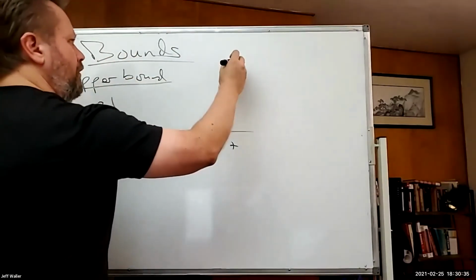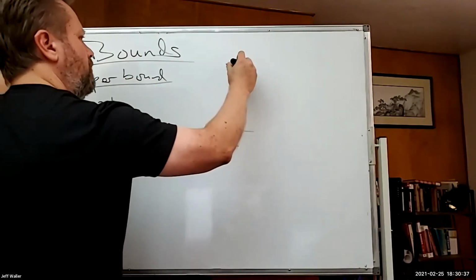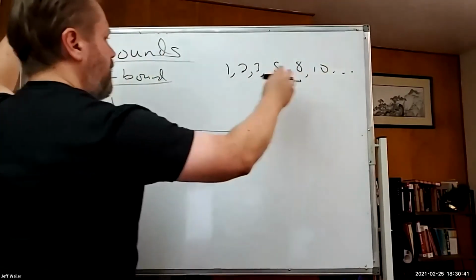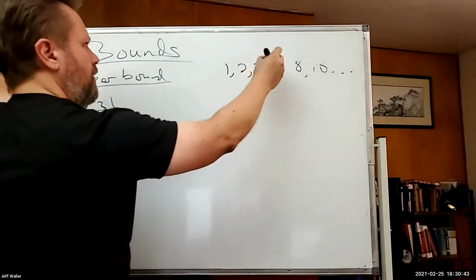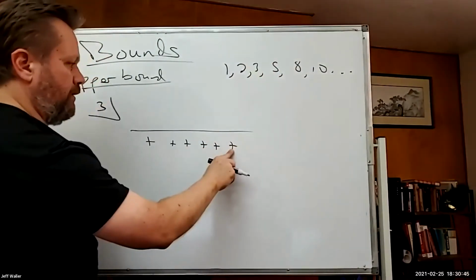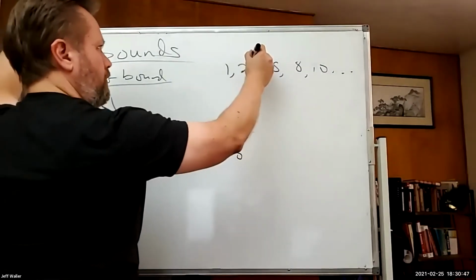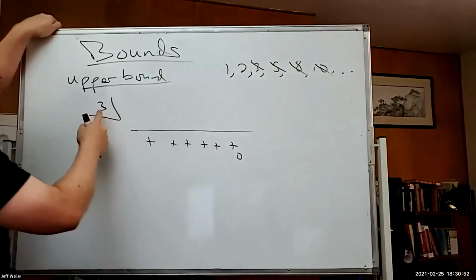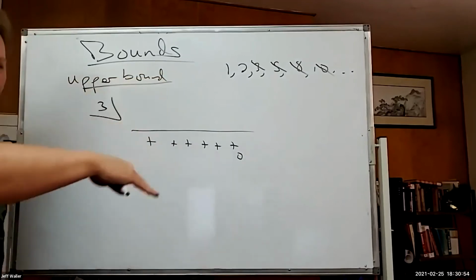So if my list looked like 1, 2, 3, 5, 8, and I get all positives, and see how it wasn't 0, I can throw a positive 3 out. I can throw out 5, 8, 10, because that is an upper bound for the answer.